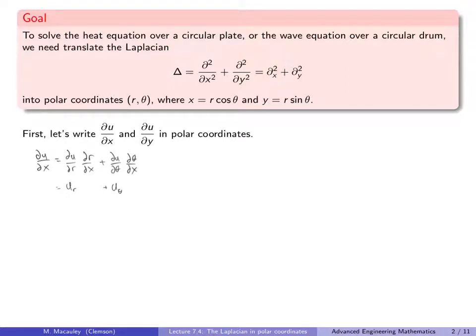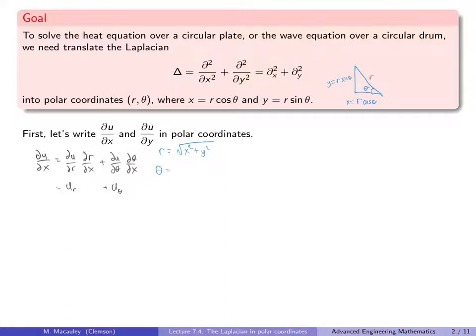Okay, so recall that r equals the square root of x squared plus y squared, and theta is, well, maybe I should write down why this is. Let's suppose that we have a triangle here, and this is theta, and this is r. This is the x coordinate, which is r cosine of theta, and this is the y coordinate, which is r sine of theta.